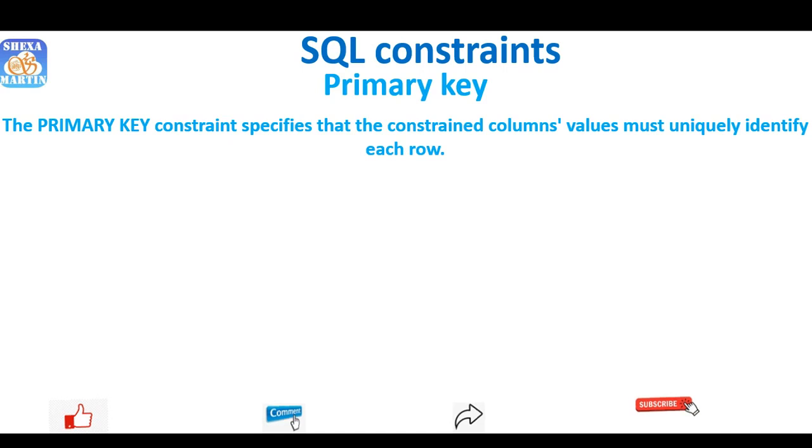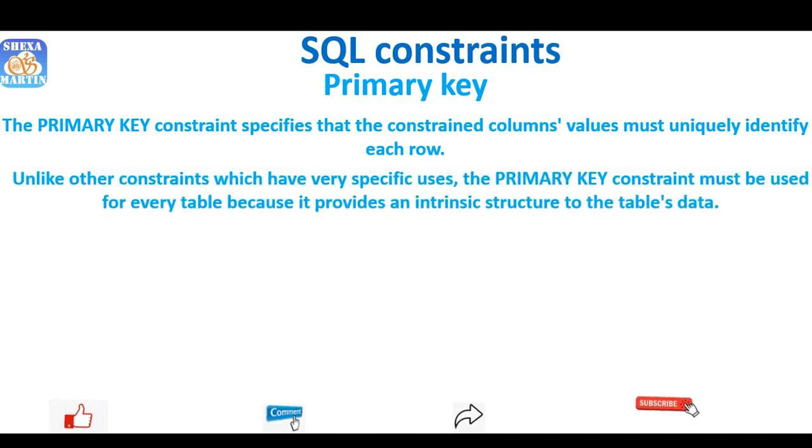A table can have only one primary key, but may have more than one unique column. And in the table, this primary key can consist of single or multiple columns. So we have compound keys and single column keys.